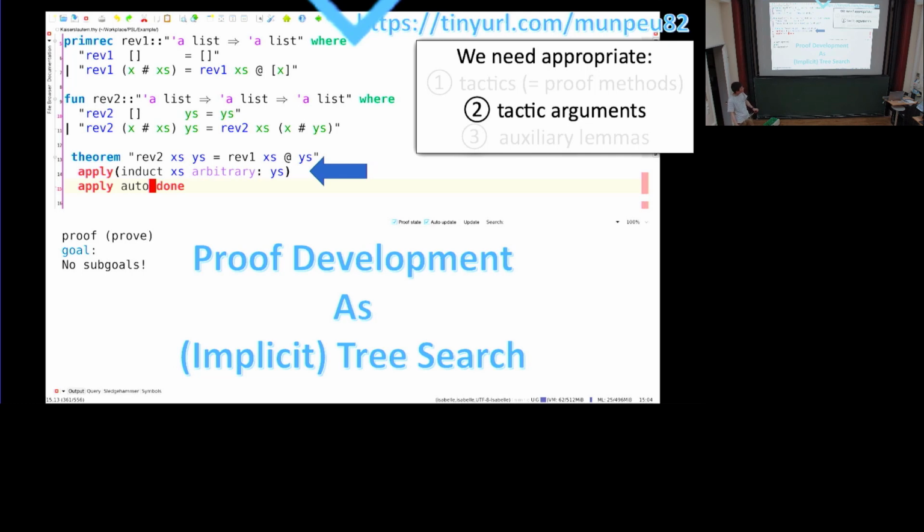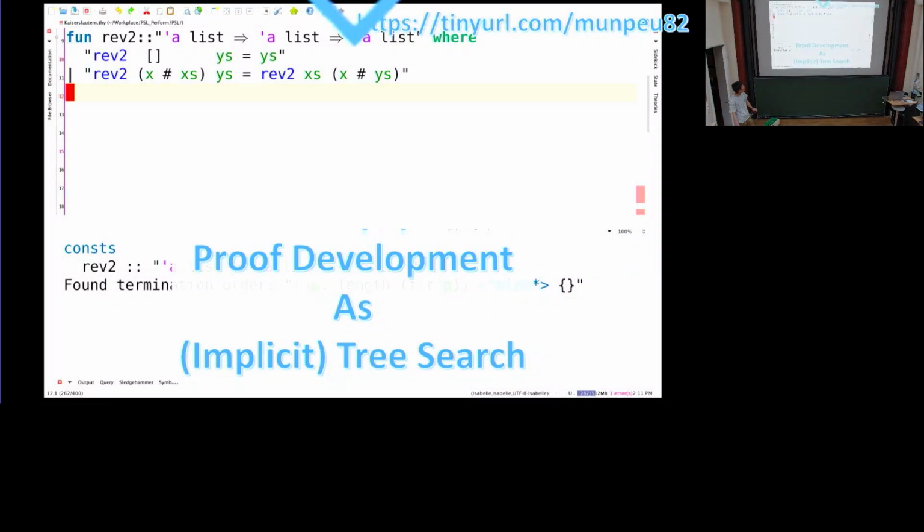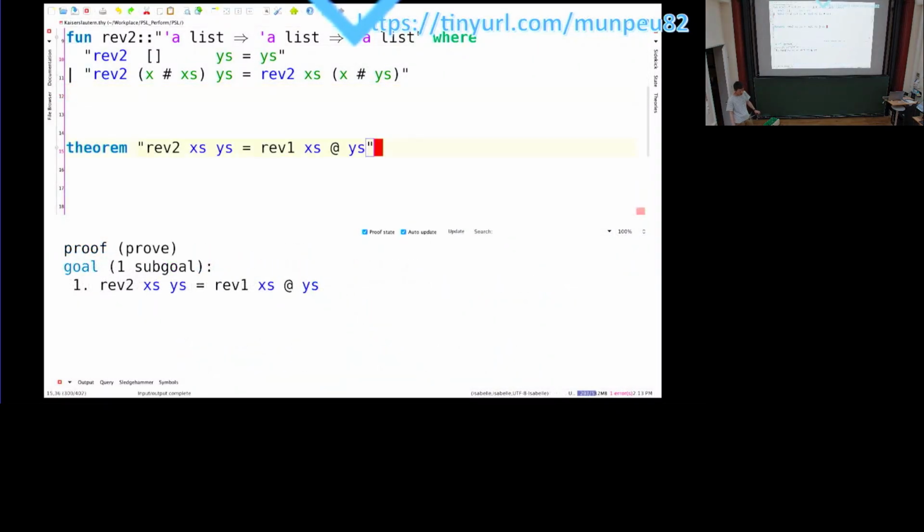I did it by seeing proof development as an implicit tree search. We also knew that we should apply some sort of induction, even though we are not so sure about how we should apply it.